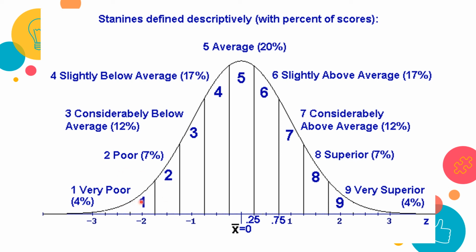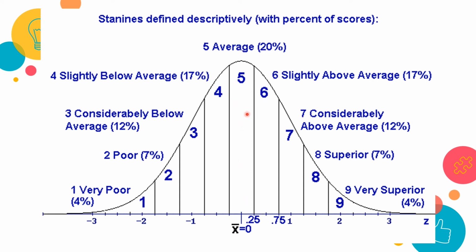The next 7% will receive a grade of 2 with a description of poor. 12% will receive a grade of 3, take note, with below average description. 17% will receive a grade of 4 as slightly below average, take note. 20% will receive a grade of 5 as average, which is in the middle.